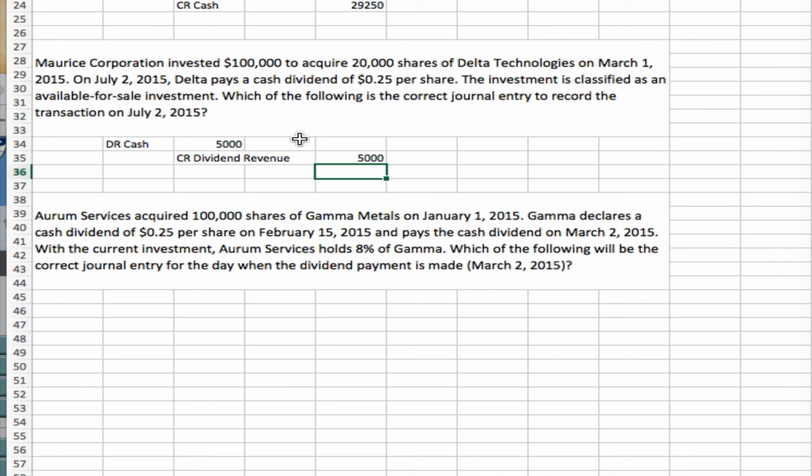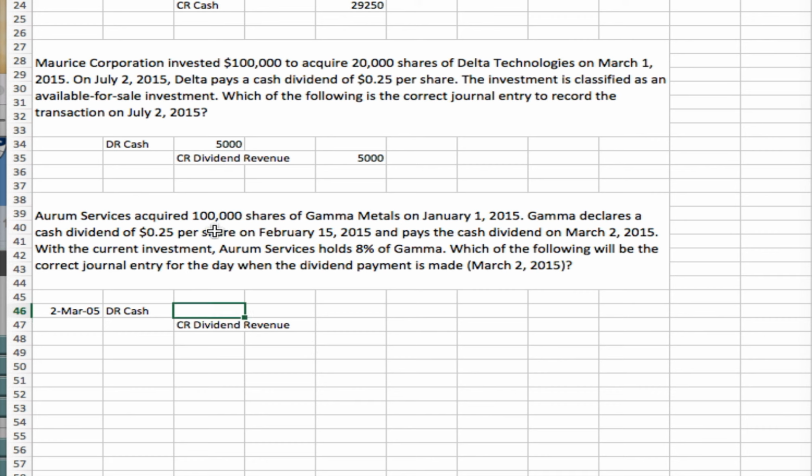So it's going to look just a lot like what we saw up here. Again, I didn't put this in the last two, but we'll go ahead and put the date on there. It's going to be a debit to cash, credit to dividend revenue, and then we just need to know how much that is.